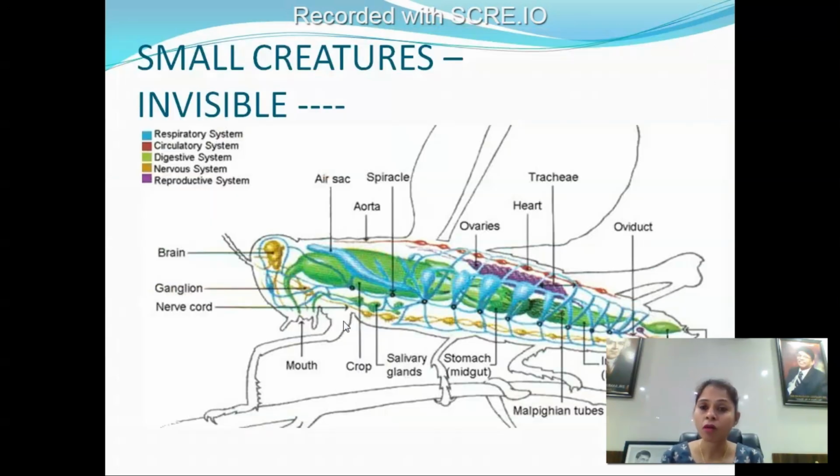From small invisible creatures to the whole giants, they have existed. We see even these invisible creatures have a proper system of respiration, circulation, digestion, a nervous system, and a reproductive system, because evolution is an ongoing process.